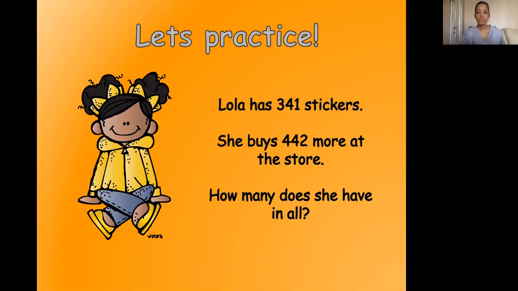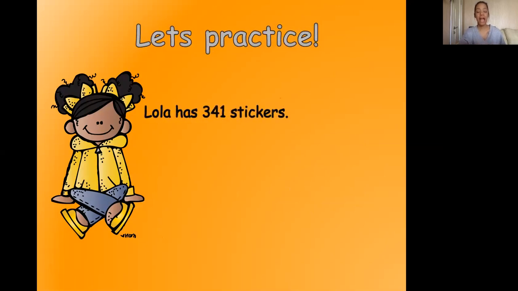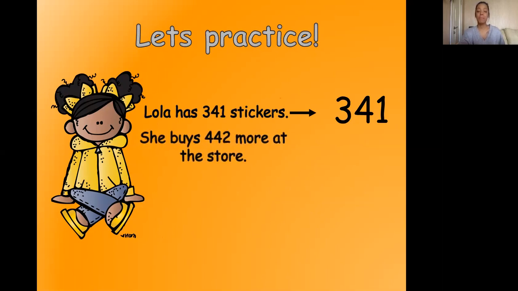So what you need to do is we need to look at the different numbers and the steps. So let's practice with this. Lola has 341 stickers. You're going to write 341 on your piece of paper. She buys 442 more at the store.